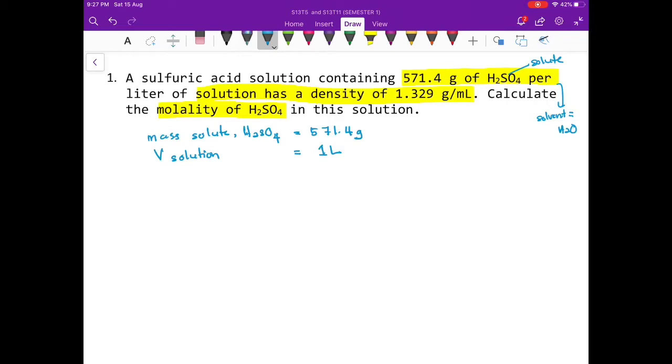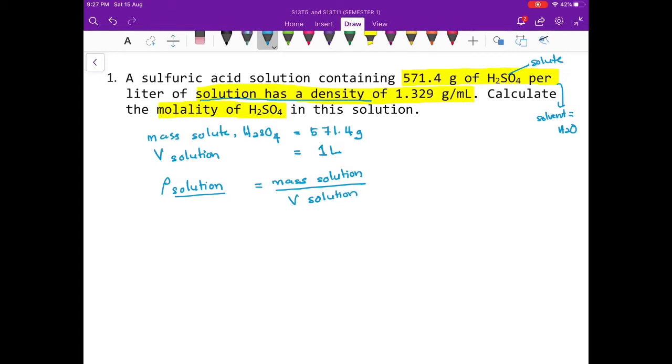The next information given is the density of solution. For density, you have to be careful. Since it is mentioned that it is the density of solution, the formula is mass over volume, but since it is solution, we have to put mass of solution over volume of solution.